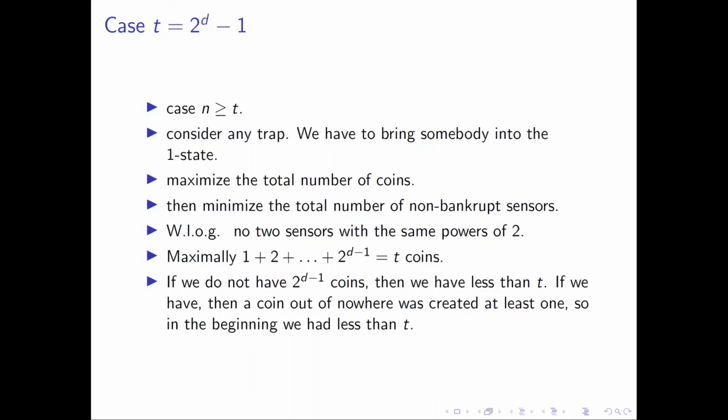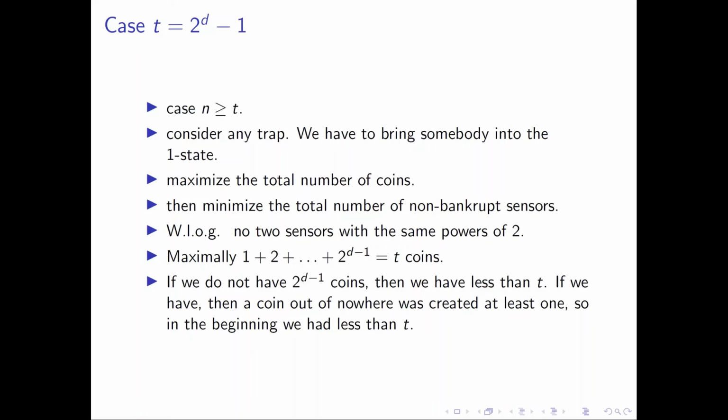If they both have 2 to the d minus 2 coins, then we can increase the total number of coins by pairing them and getting a coin out of nowhere. So it's also impossible. And the only possibility is that we have two sensors both with 2 to the d minus 1 coins, but then we are done. This is all we want. Then we can bring them into the one state.